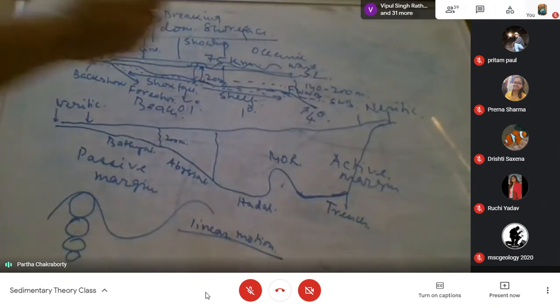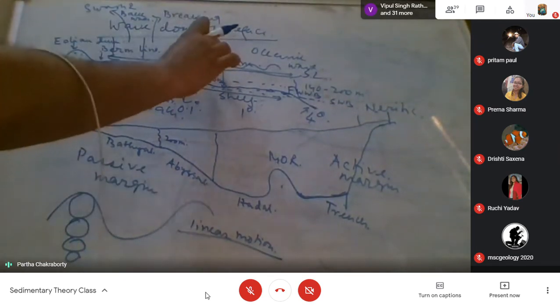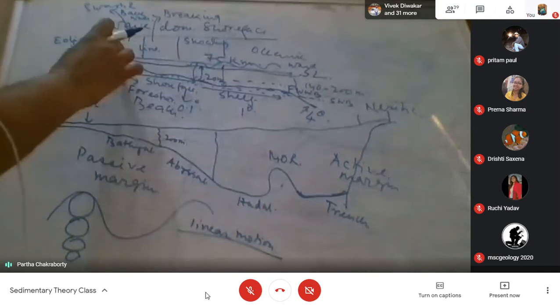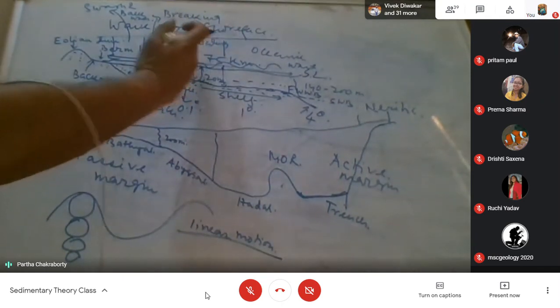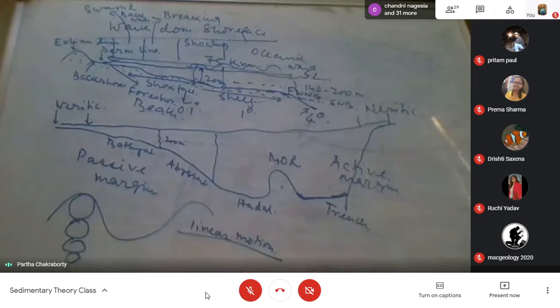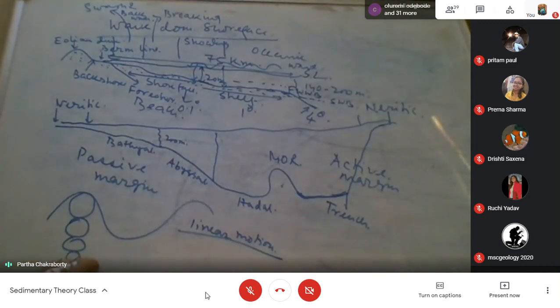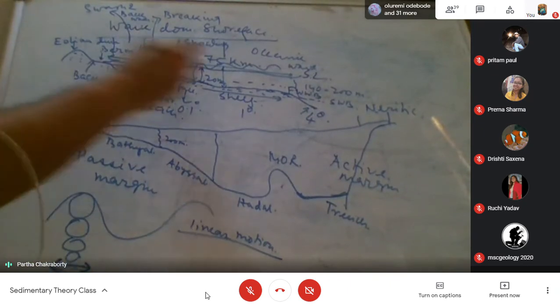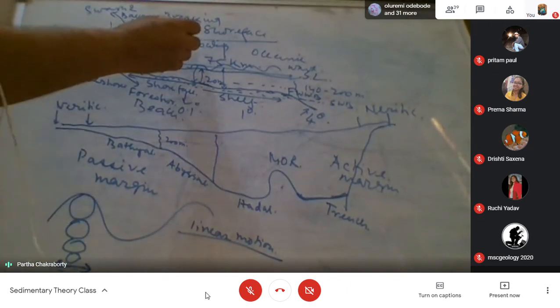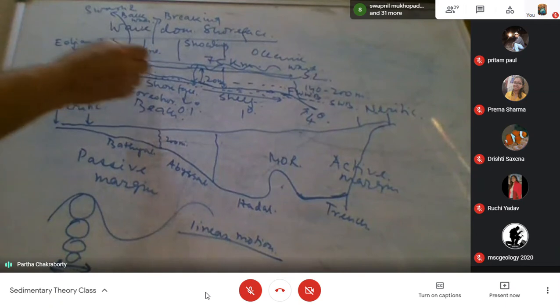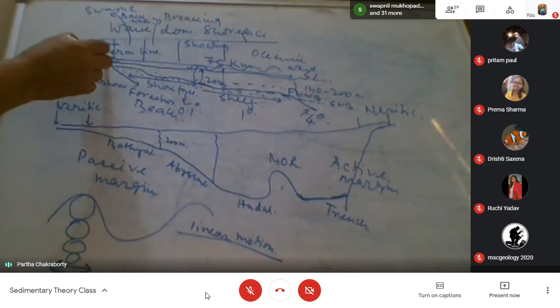When the wave is moving towards the land, you call it shoaling, and finally after shoaling, the velocity anomaly in the linear motion forms, and that is what is called the breaking, and after the breaking there is the swash and backwash.